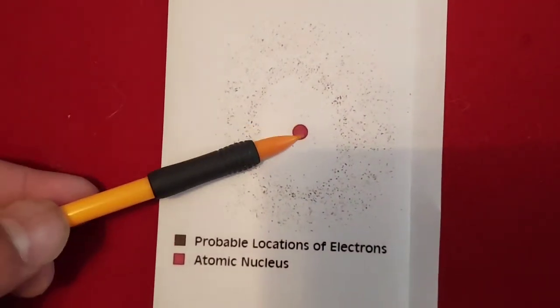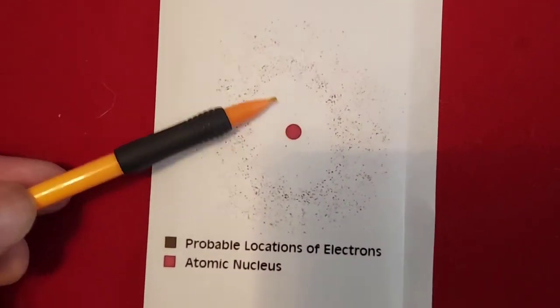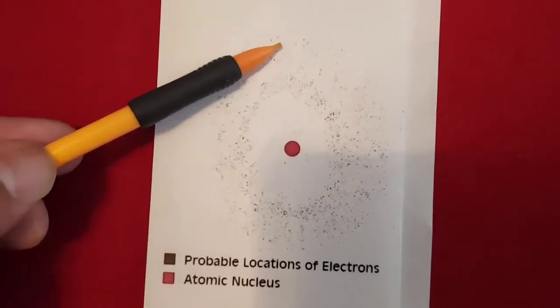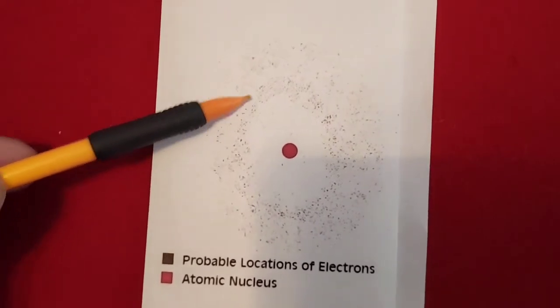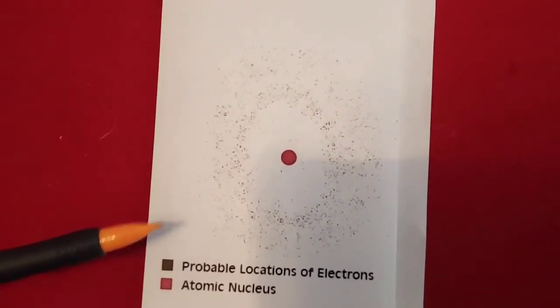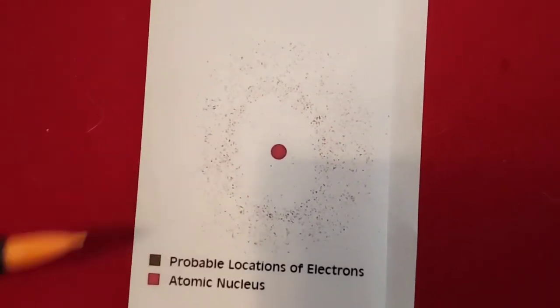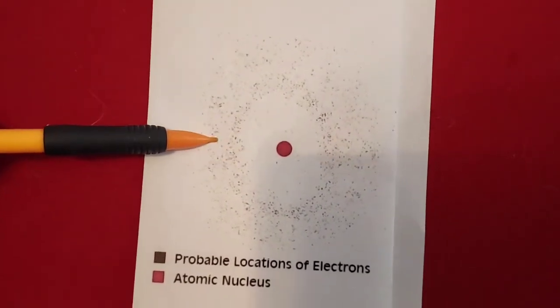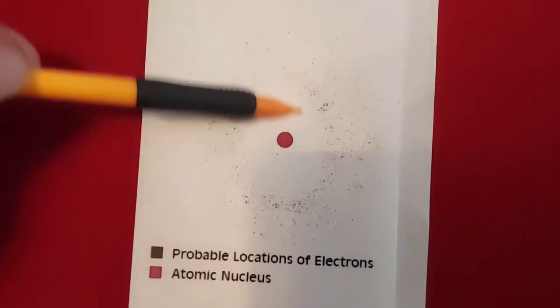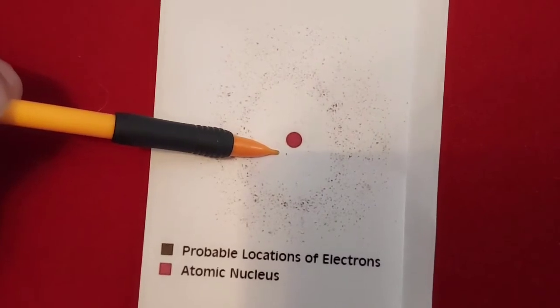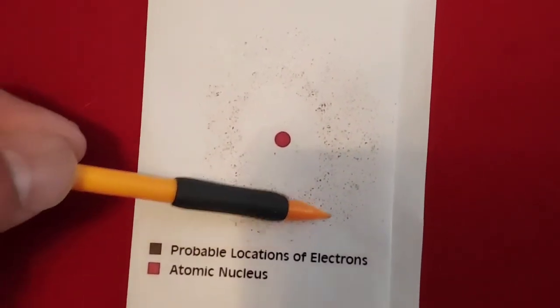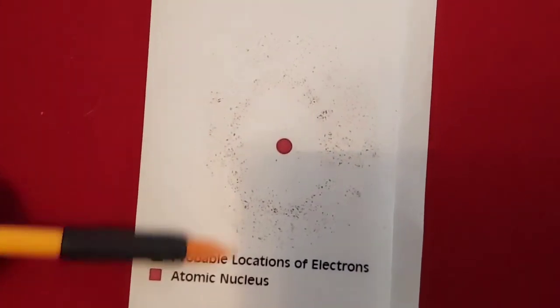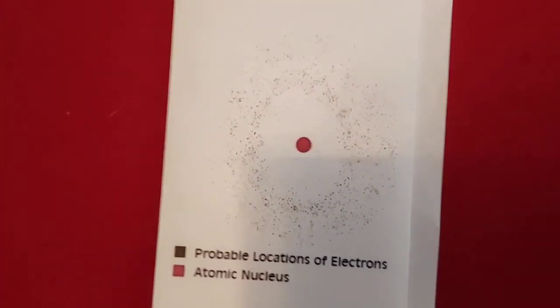So, our nucleus is here, and our electrons pop up everywhere, not necessarily in some sort of fixed orbit. Anytime that we take a moment to try to observe an electron, it could be here, it could be here, could be right there. So this is like a two-dimensional slice of what the atom looks like.